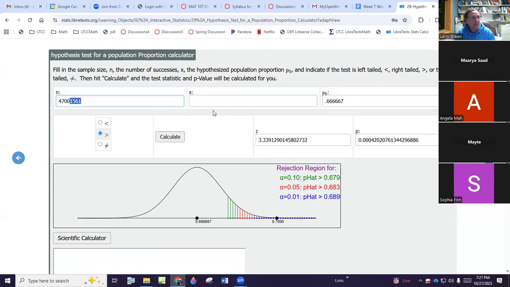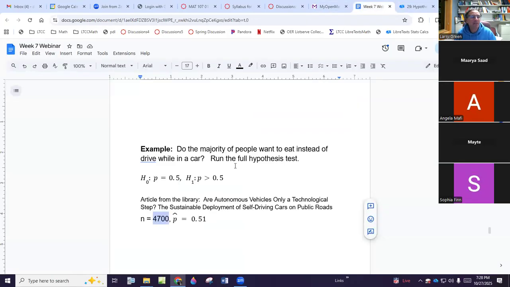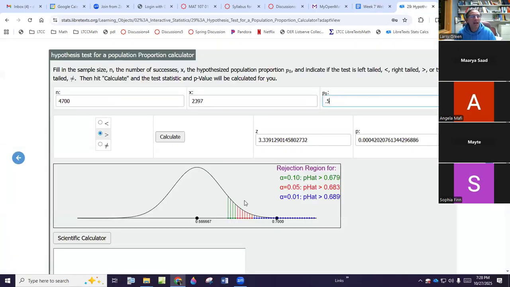Yes. Our p-naught is 0.5 now. And again, we wanted to find out majority, which means more than half. So greater than. And you calculate. The p-value is 0.085 or maybe 0.09.